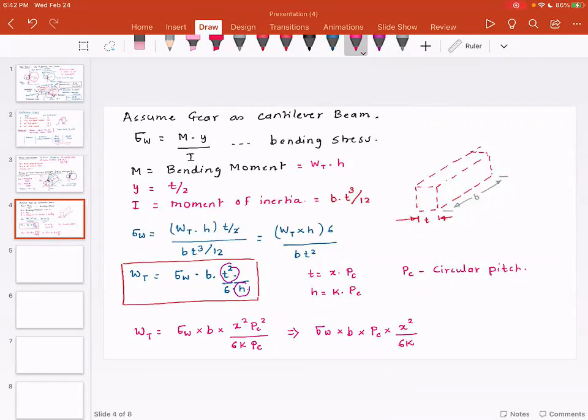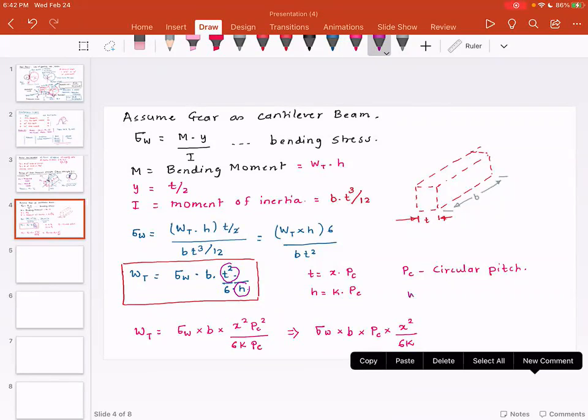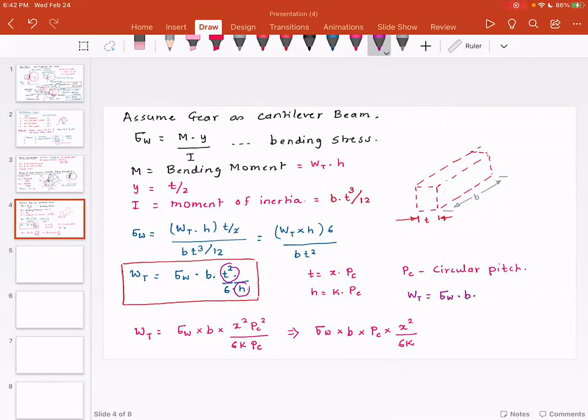This entire equation can now be written in a very simple form, and this is the equation we are going to use when we try to solve the gear design problem: sigma W multiplied by B multiplied by PC multiplied by Y. This factor is considered as Y, where Y is known as the Lewis form factor.